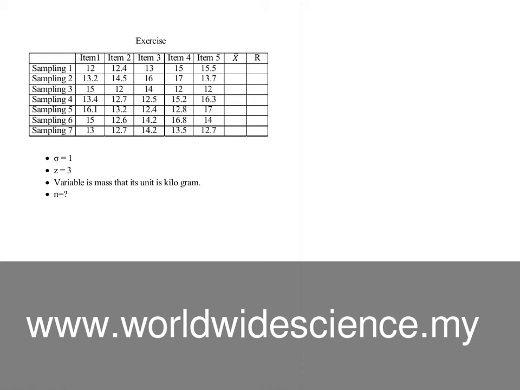Okay, very good. 13.58 is for sampling 1. For sampling 2, please do it for all samplings.